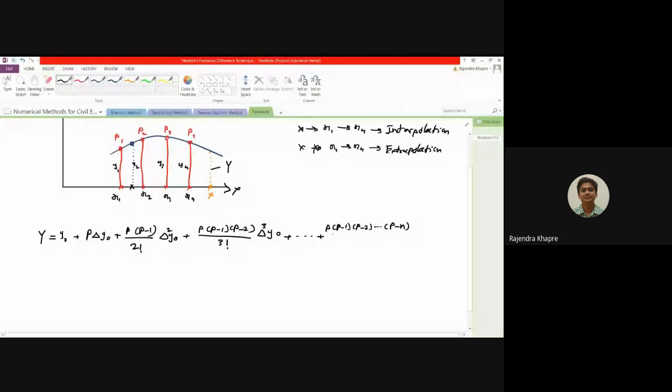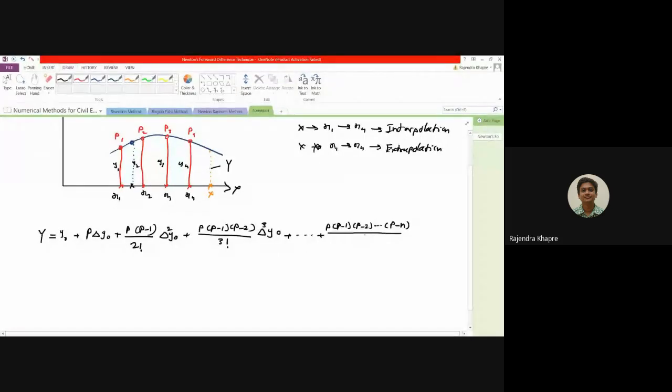If it is p minus n, then this will be n minus 1 factorial into delta to the power n times y0.